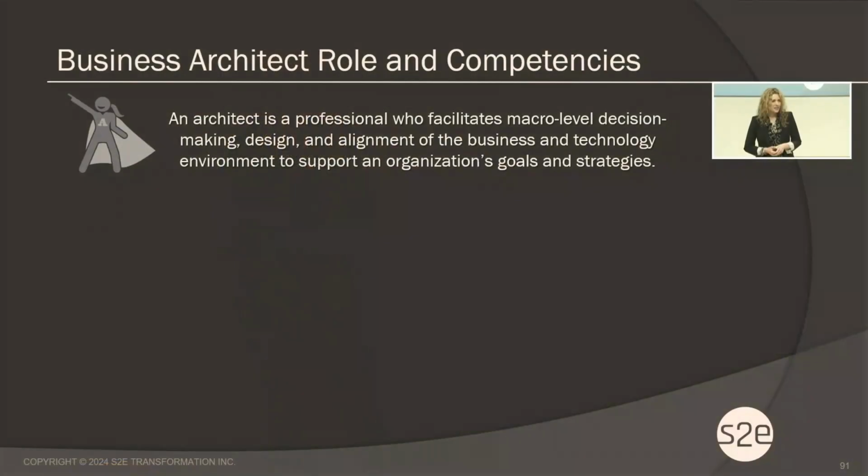What do business architects do is a key question. I know you've picked up on that, either from your personal knowledge or the things we've talked about today. But I like to say an architect is a professional who facilitates macro-level design of the organization, macro-level decision-making, design, and alignment of the business and technology environment to support an organization's goals and strategies.